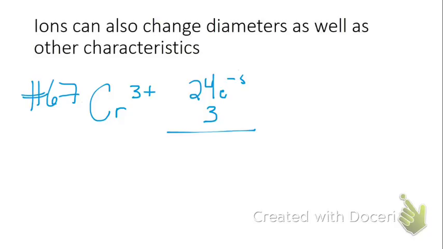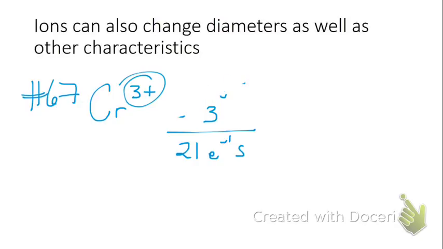So if we want to make it a plus 3, then we have to remove 3 electrons. So now we have 21. So now we have 3 extra protons in the nucleus compared to how many electrons we have, leading us to a cation. So if you make a cation, you subtract electrons by this charge. If you make an anion, you add electrons by the charge that's on it. So we have 21 electrons.